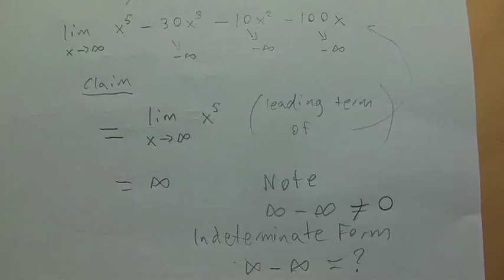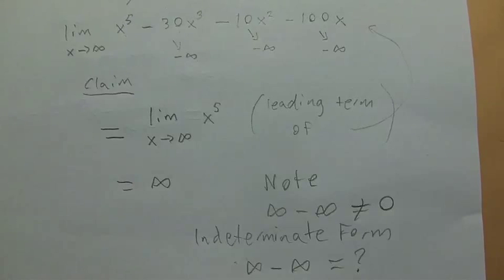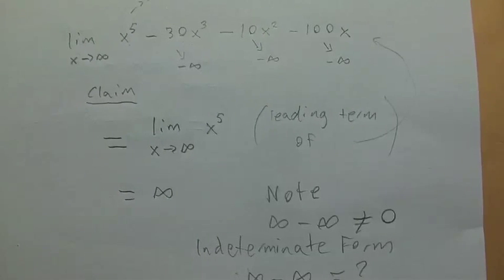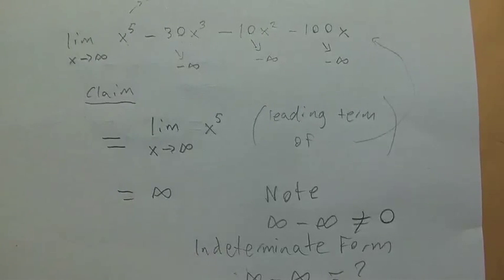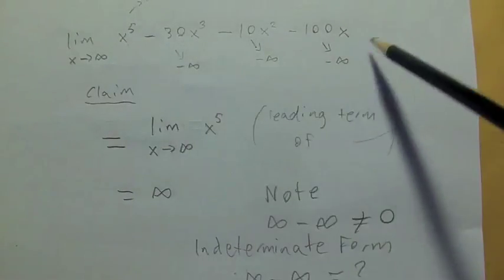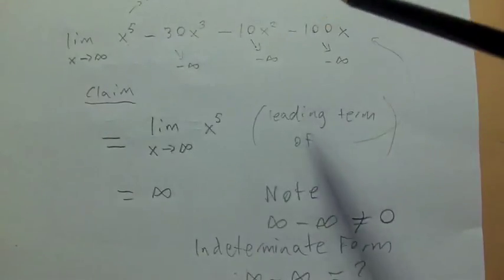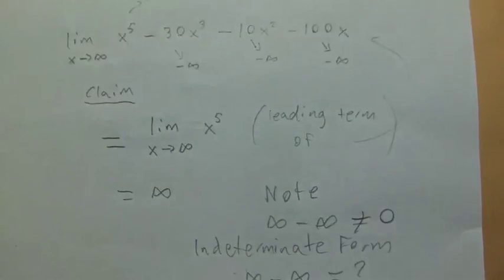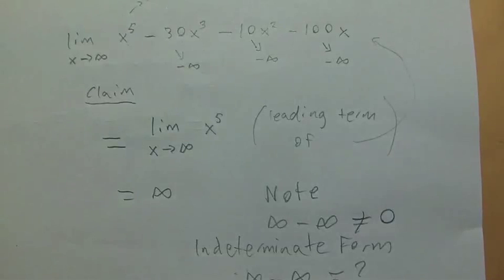So let me verify this proposition that it is the leading term that really matters. Where the idea comes from is, remember, we're letting x go to infinity, right? So say close to 0, all these negatives are going to have a huge effect and change things, bring x to the fifth down, and probably cause some really wild behavior.